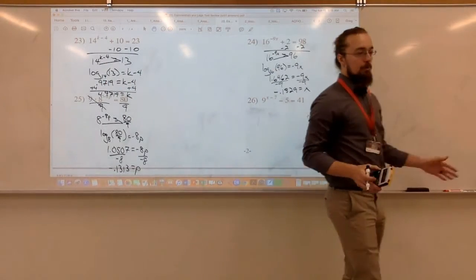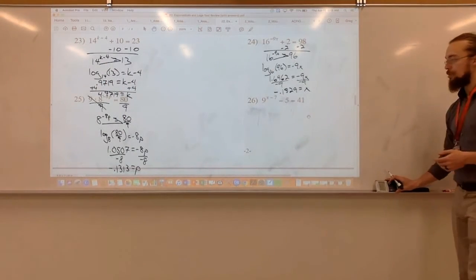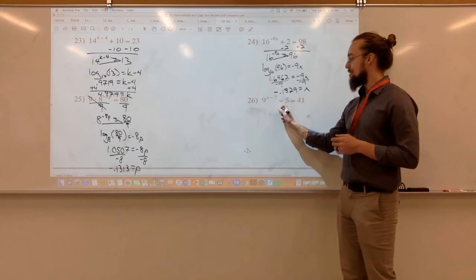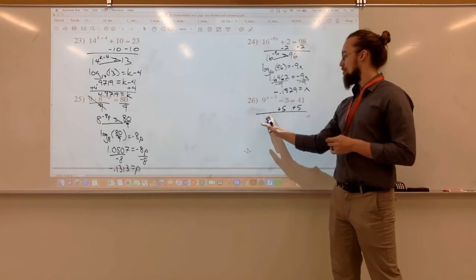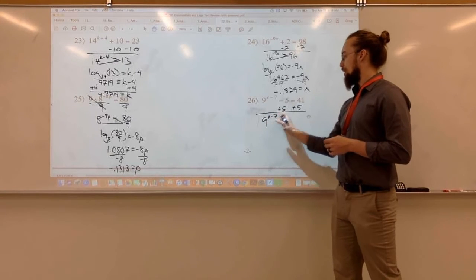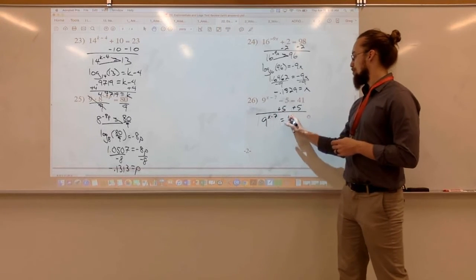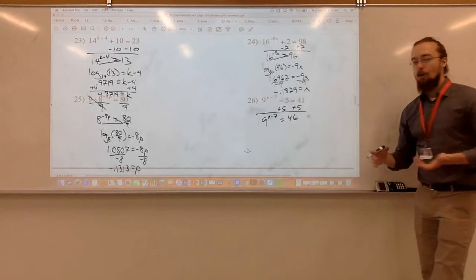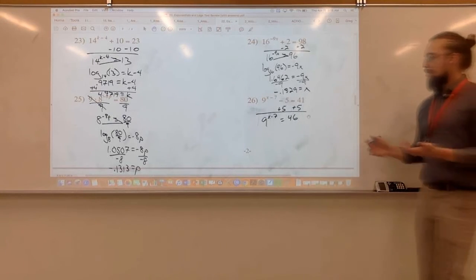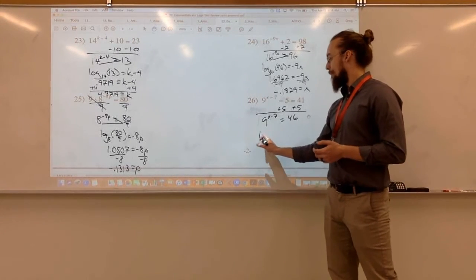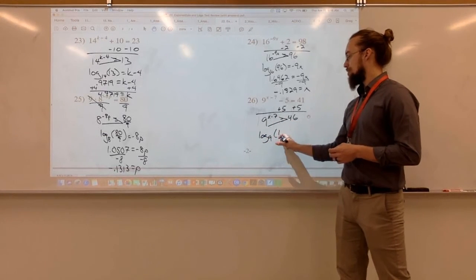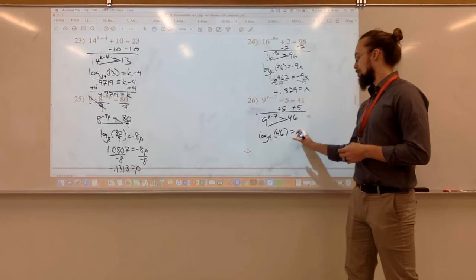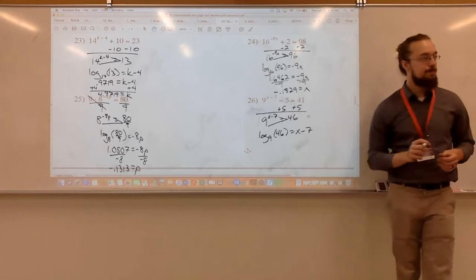And our final problem on the review here is pretty similar. We need to isolate the exponential, so add 5 to both sides. Get 9 to the x minus 7 equals 46. Now rewrite it as a log. So log base 9 of 46 equals x minus 7.